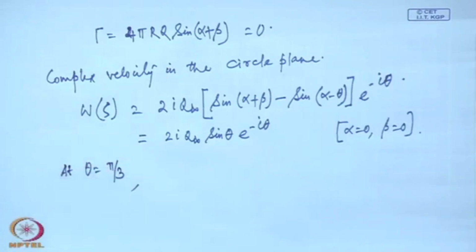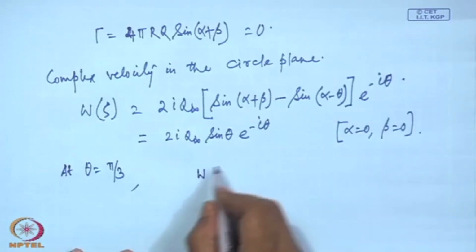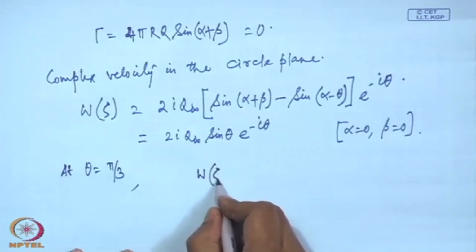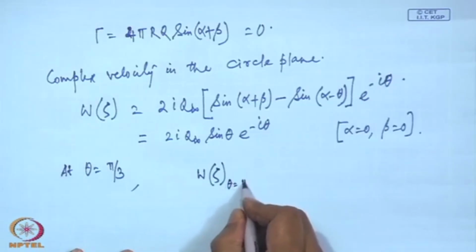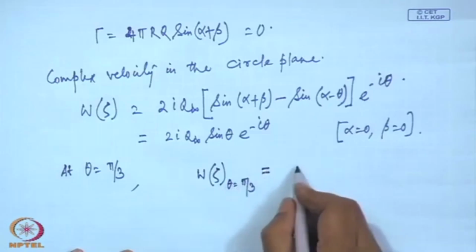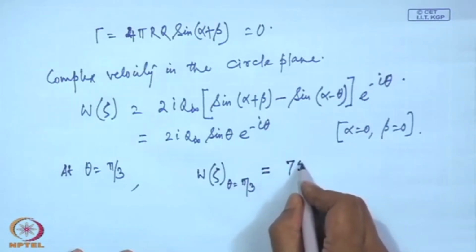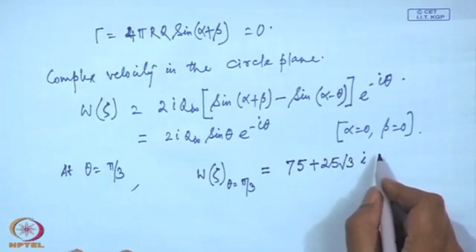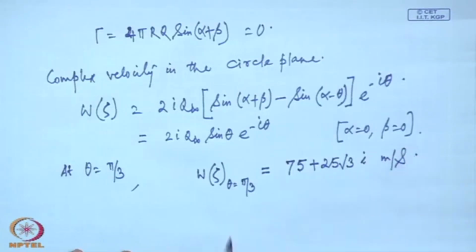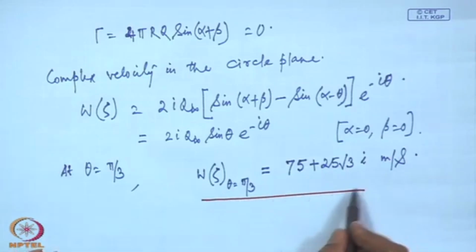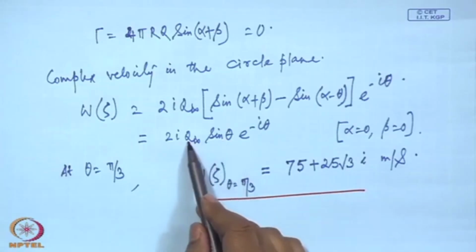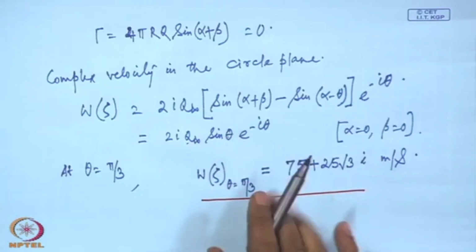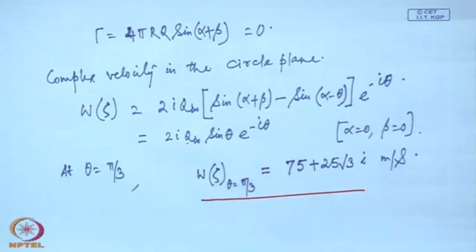You can put this value, q infinity is 50, theta is pi by 3, to get w zeta. Please check these calculations.